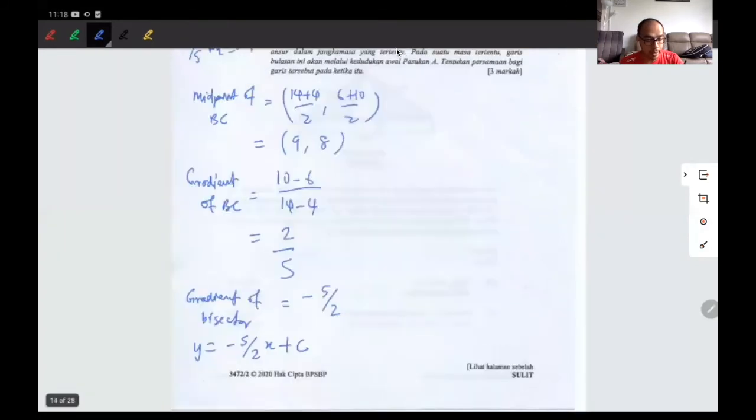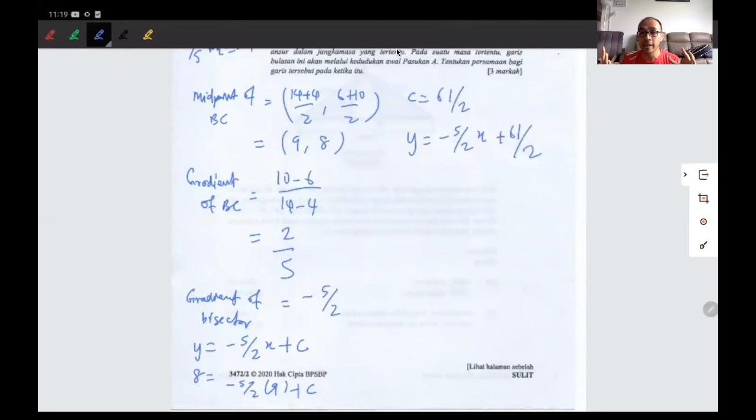So 8 equals negative 5 over 2 times 9 plus c. So c is 61 over 2. Therefore, my equation is y equals negative 5 over 2 x plus 61 over 2.